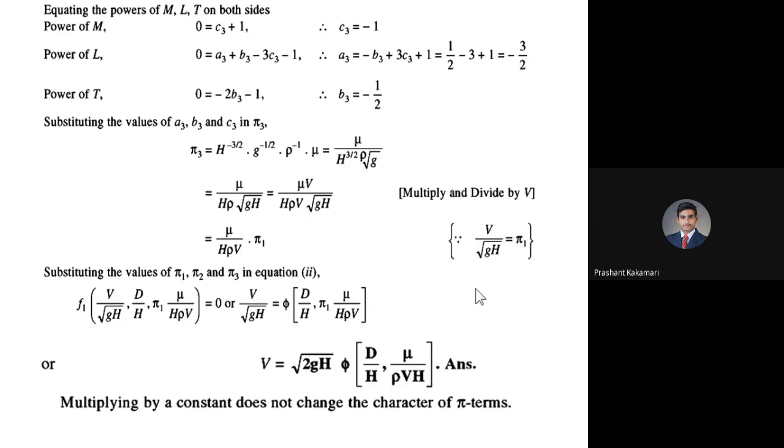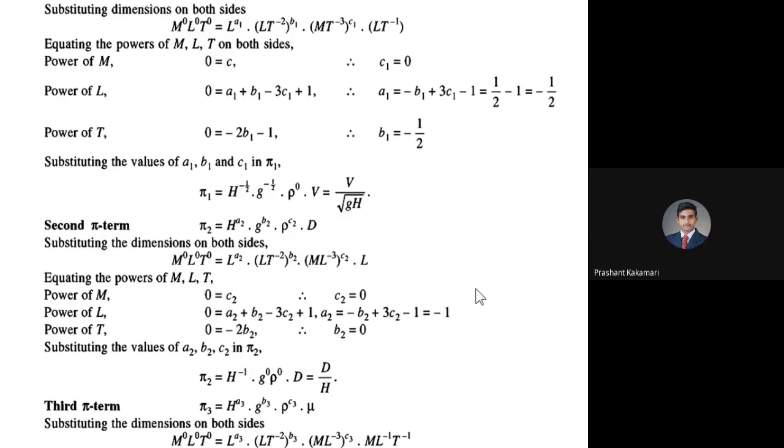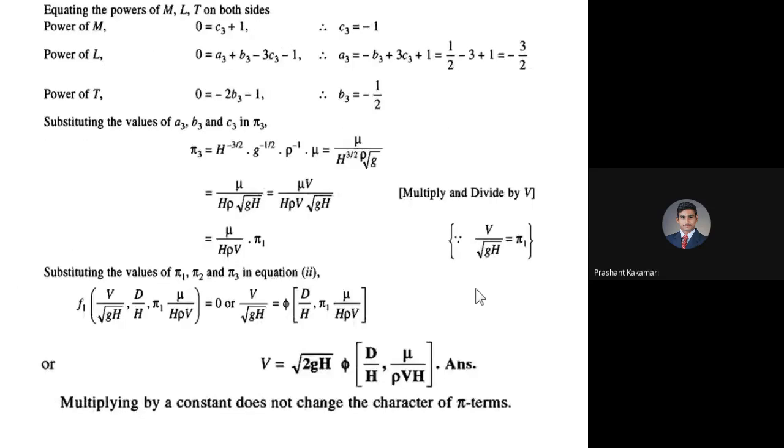Now if I take only V on the left hand side, I can multiply with the constant square root of 2gh as per the problem given. Then it is a function of D by H comma mu by rho VH. It is also a function of the pi 1 term. What is pi 1? Pi 1 is V by square root of gh.